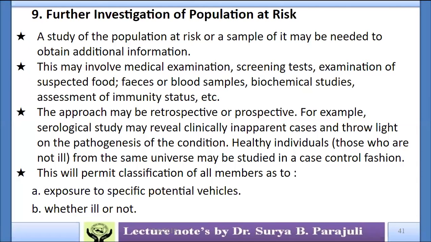But as an epidemiologist, as an outbreak caused by Salmonella typhi, host human environment, due to contaminated water, poor sanitation and hygiene.